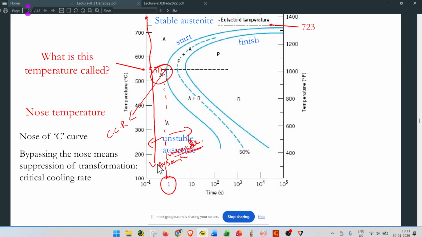Now I have another alloy which has a high carbon content. If I increase the carbon content, carbon does not like to be in the martensitic phase. It likes to be mostly in the austenitic phase, even though the temperature is going down.